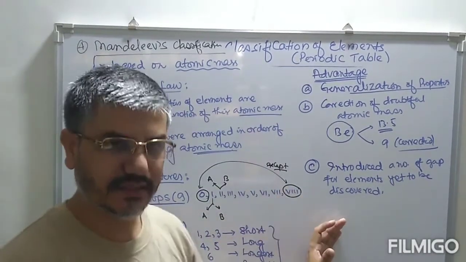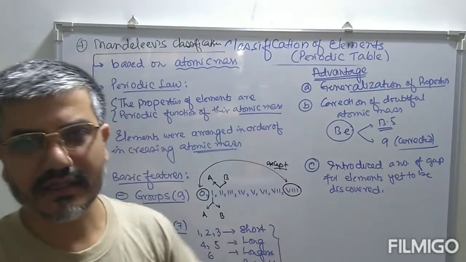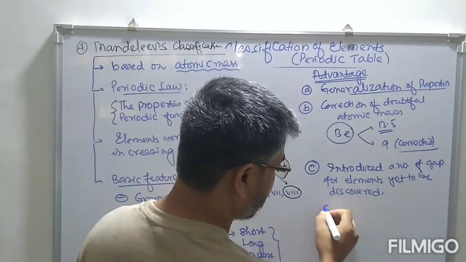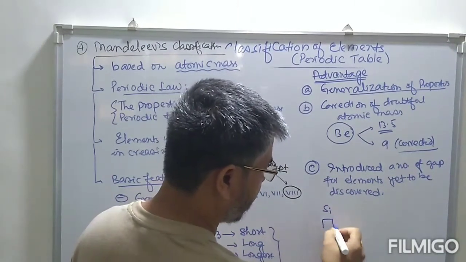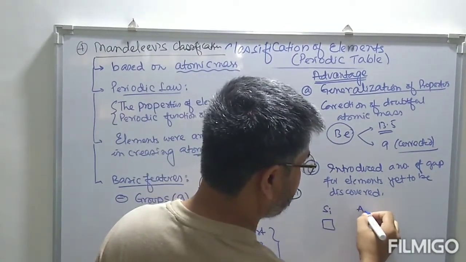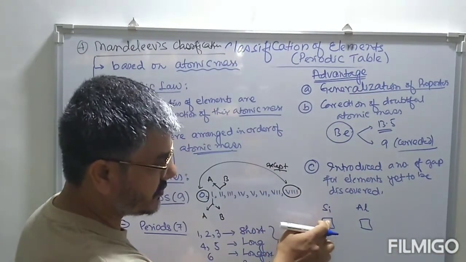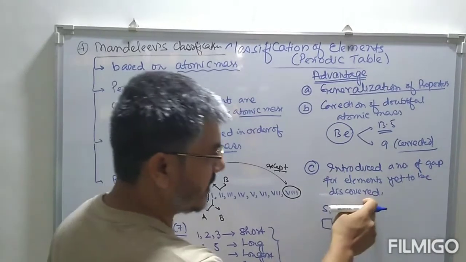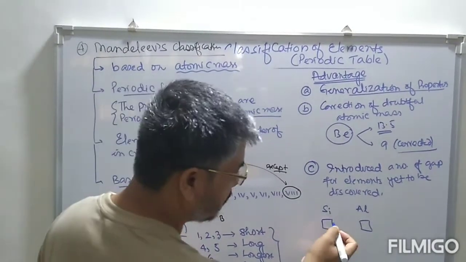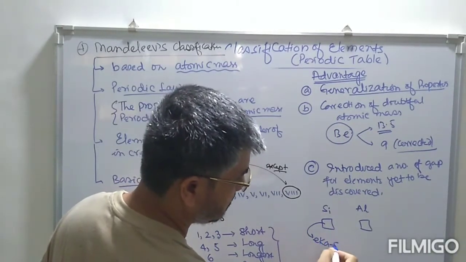So he predicted the properties of germanium and gallium. After silicon, he placed a gap. Similarly, after aluminum, again he placed a gap. The element next to silicon was yet to be discovered, and the element next to aluminum was yet to be discovered. This element yet to be discovered, he placed as Eka silicon.